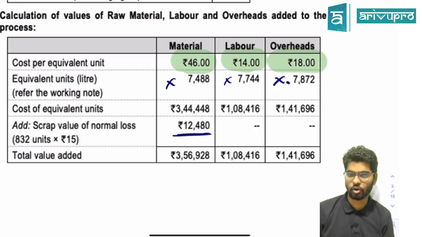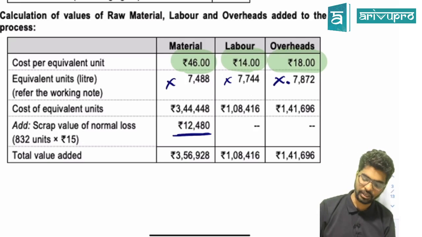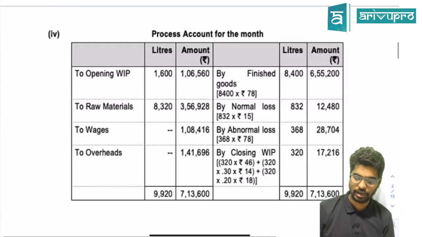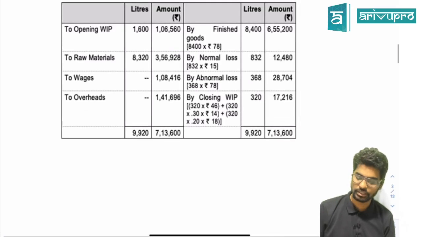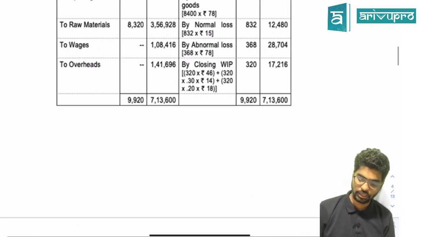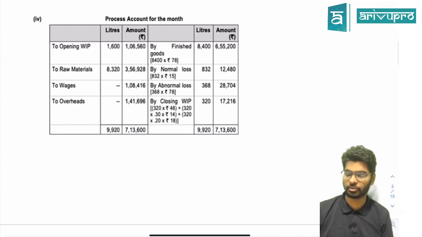So I'll take the cost per unit, multiply with the number of equivalent units, I'll get the cost of equivalent units. From that, only from the material cost, I shall be reducing the scrap value. Done? Last one is the process costing. Since you know the units, now what's going to be the cost of WIP?